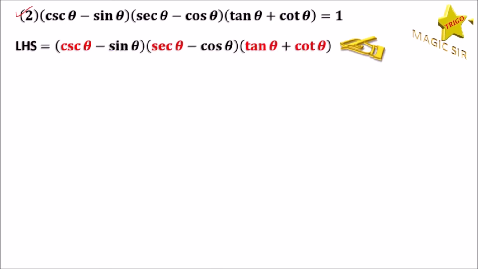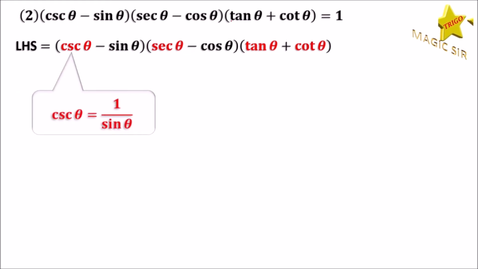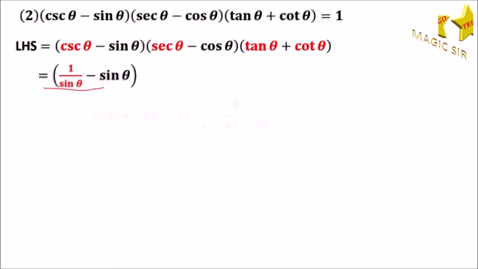Here LHS equal to, in the first bracket, cosec theta minus sin theta, in the second bracket sec theta minus cos theta, and in the third bracket tan theta plus cot theta. Let us recall the trigonometric identities for cosec theta, sec theta, tan theta and cot theta. We know that cosec theta equal to 1 upon sin theta. Look at the first bracket. We can replace cosec theta with 1 upon sin theta.